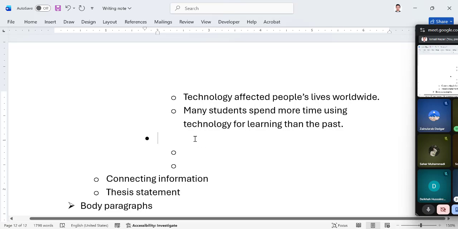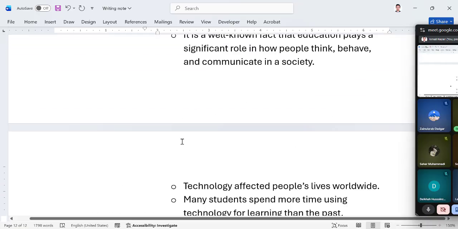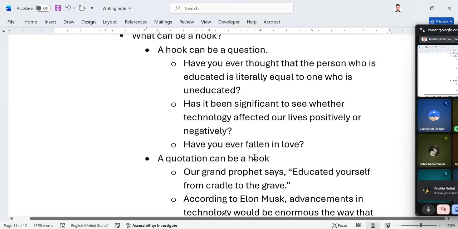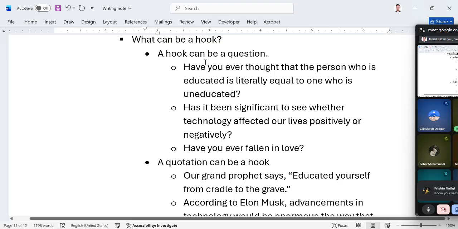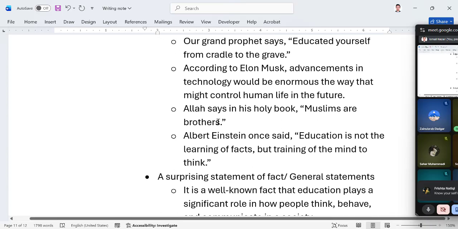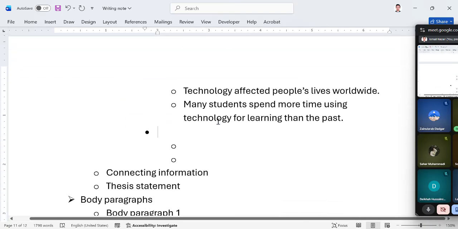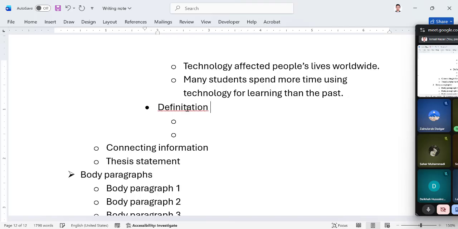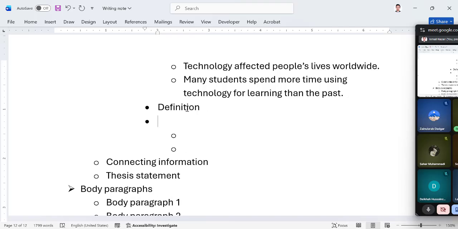The next thing is if we have, beside general statements, quotations and questions, we might have sometimes a definition as well. Definition can be a hook as well. Definition is the next.